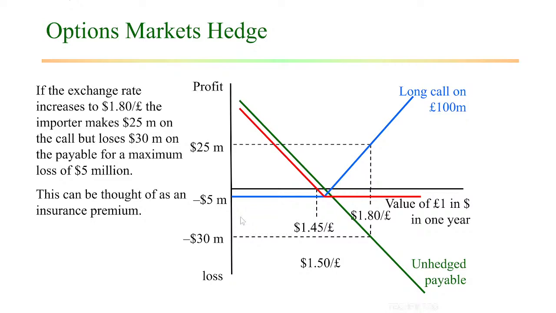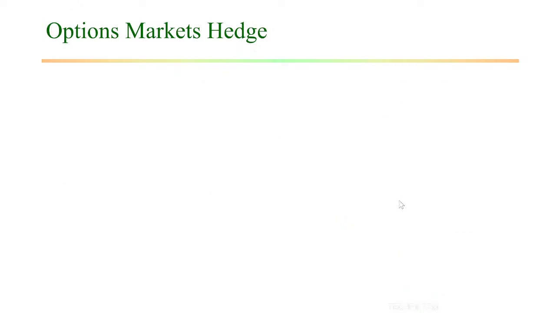So that's the beauty of the option market hedge. It preserves this profit potential and offers some limit on losses. It's similar to an insurance policy, you can see here.